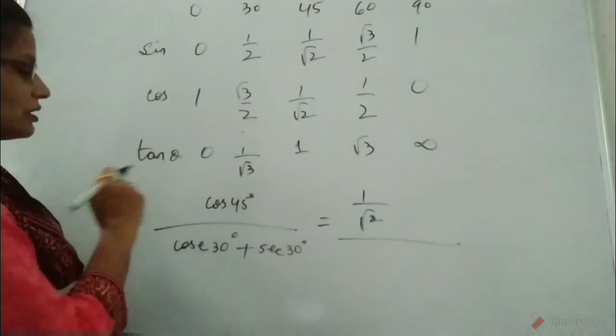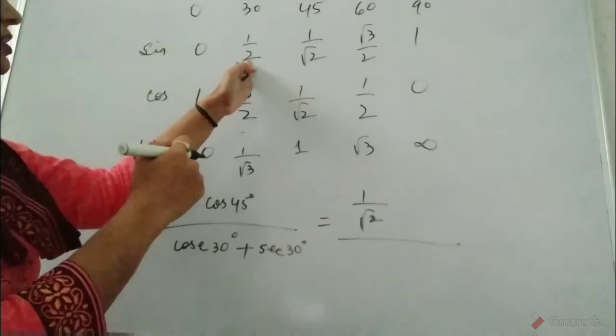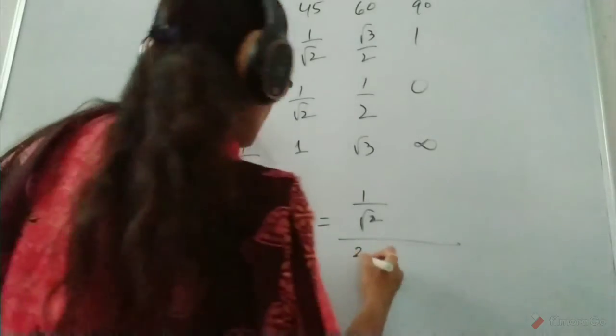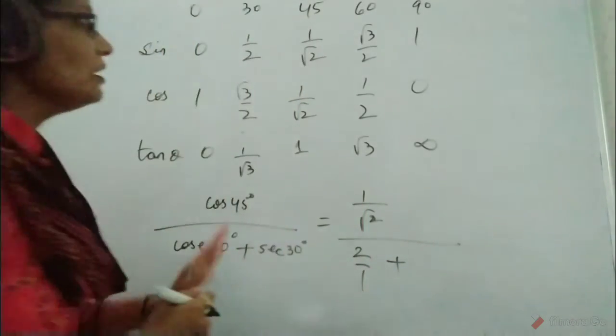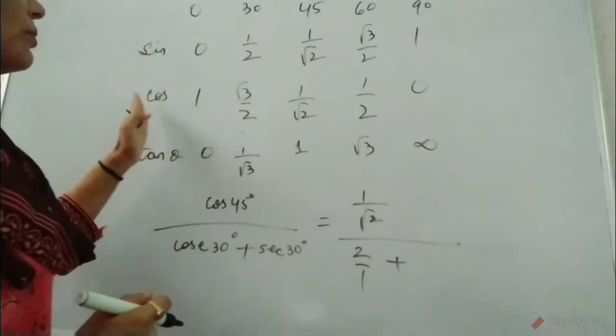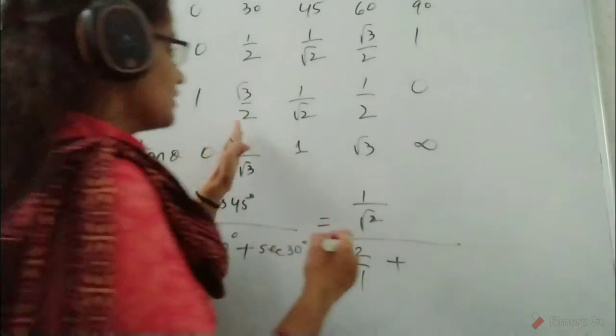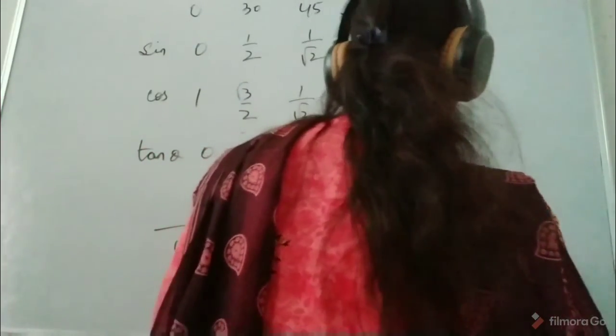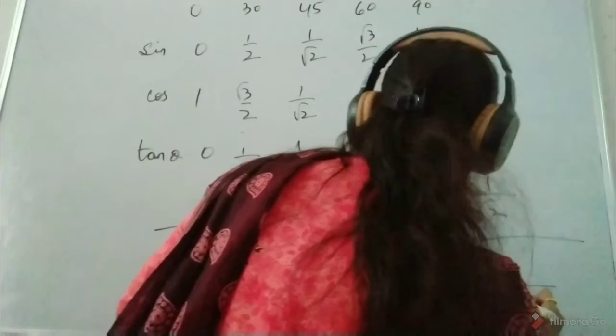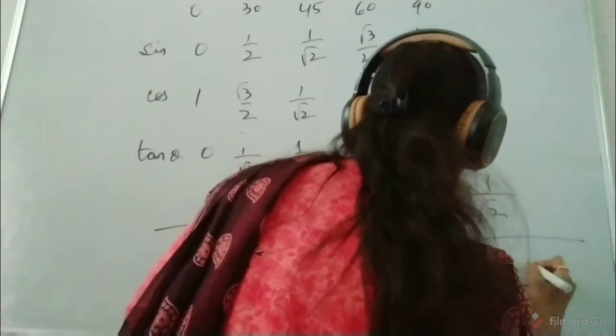What is cosec 30 degree? It will be the opposite of sine 30 degree, that is 2. And sec 30 degree will be the opposite of cos 30 degree, that is 2 by root 3. Then 1 by root 2 over, here the LCM will be root 3, 2 root 3 plus 2.